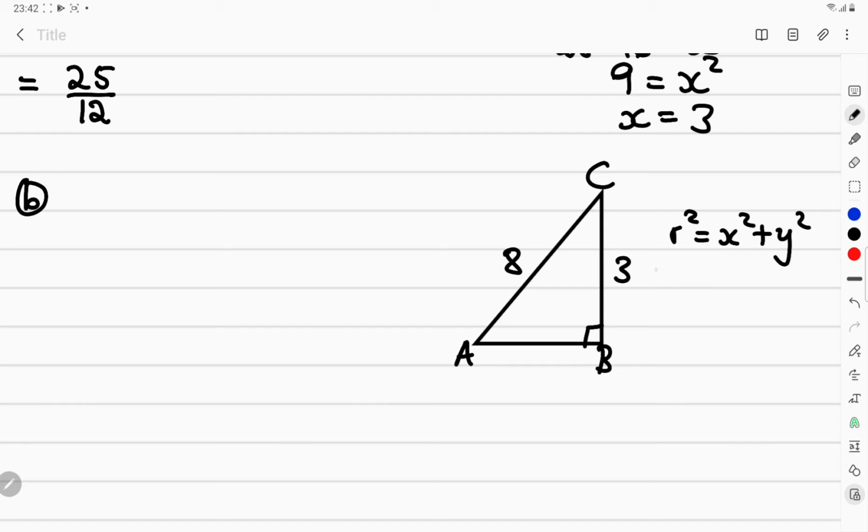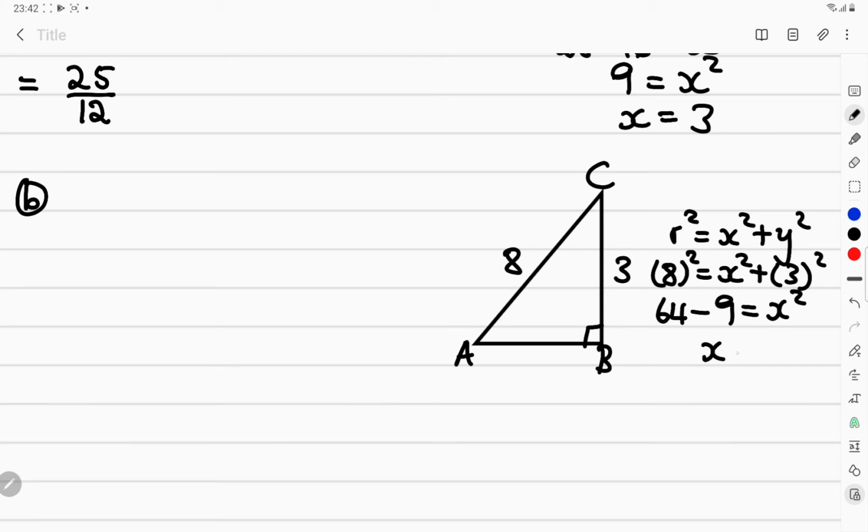So 8 squared equals x squared plus 3 squared. 64 minus 9 equals x squared.